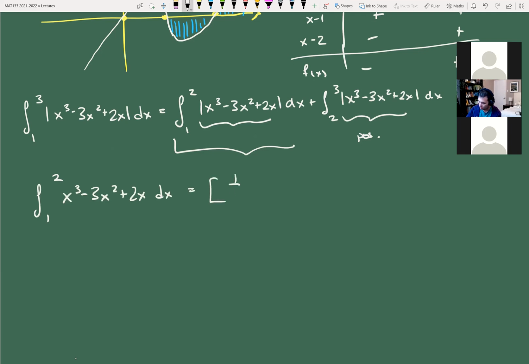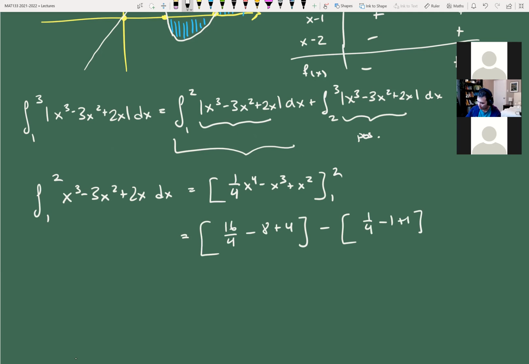That's going to be 1/4 x to the 4 minus x cubed plus x squared from 1 to 2. If I plug all that in, 2 to the 4 is 16/4 minus 8 plus 4, minus 1/4 minus 1 plus 1. This thing is 0. And then I just get negative 1/4, right?